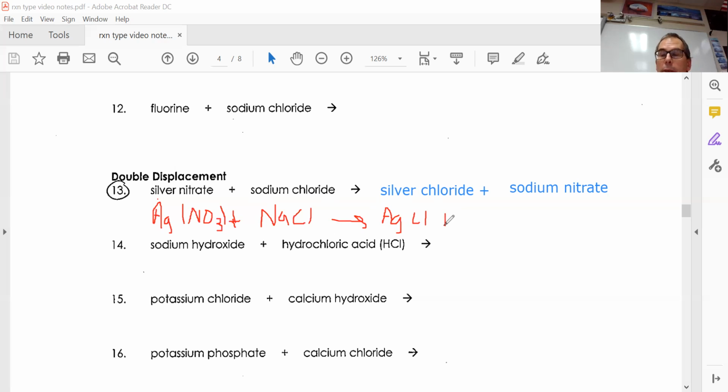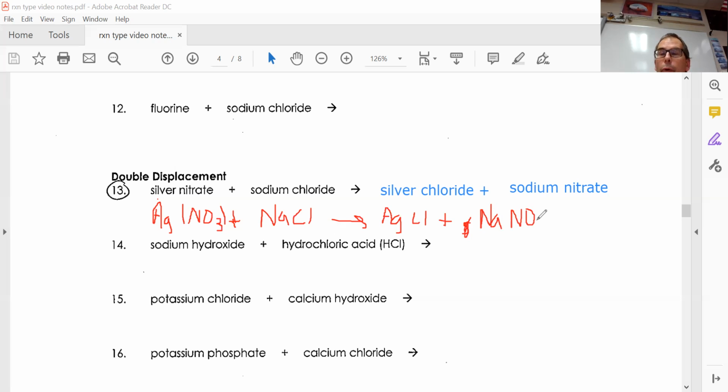And then the last thing is going to be sodium nitrate, which would be, oh, I'm doing that wrong. I'm feeling sodium for messing this up. Let's try this and call it Na, and then the nitrate would be NO3.